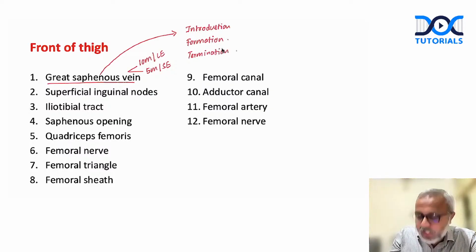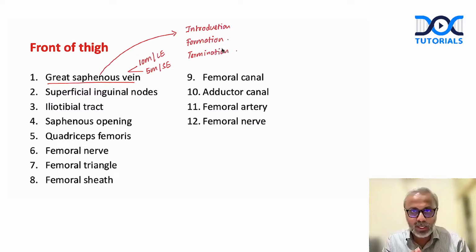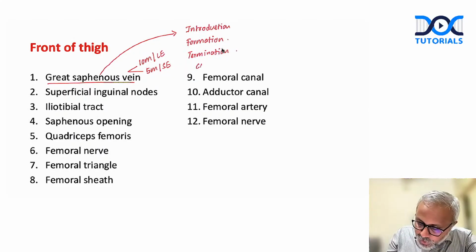Where exactly the great saphenous vein will terminate? The great saphenous vein will terminate directly into the femoral vein at the saphenofemoral junction, which is located 4 centimeter below and lateral to pubic tubercle. This is what the examiner will expect, right? Introduction, formation, termination. Now comes course and relations, right?